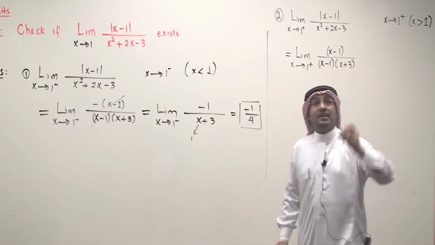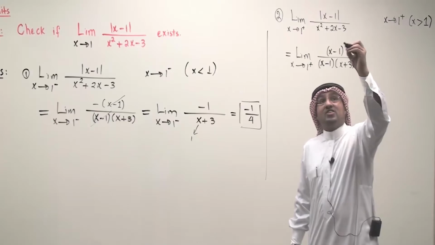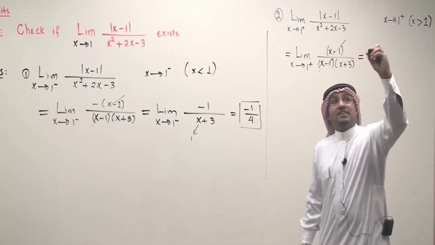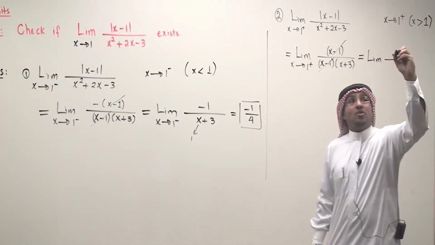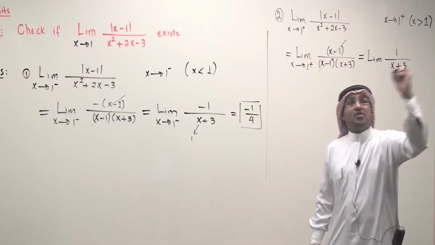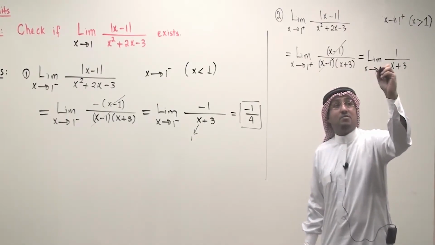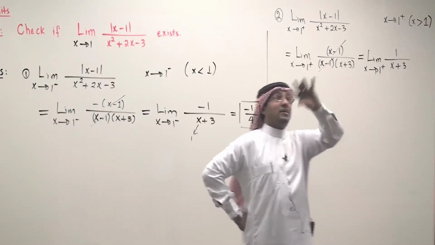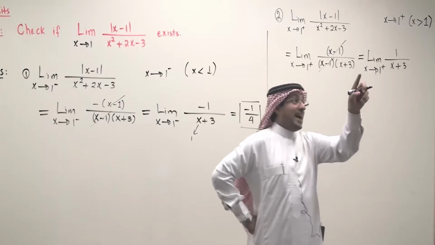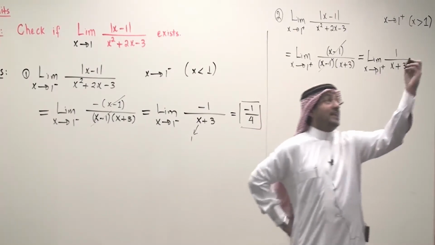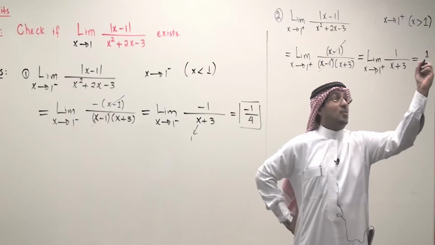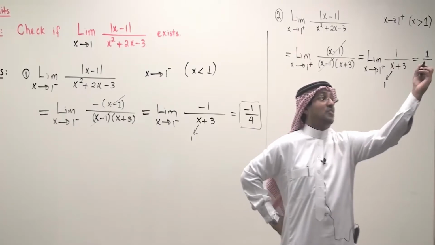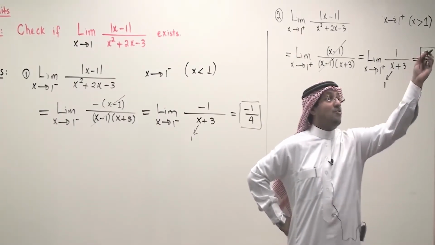Here are some simplifications. So this factor simplifies with this factor, leaving just 1 over x plus 3 as x goes to 1 from the right. See here, this limit becomes very simple now after simplification. As x goes to 1 from right, the numerator is just 1, and the denominator is getting closer and closer to 1 plus 3, so this is 1 over 4.